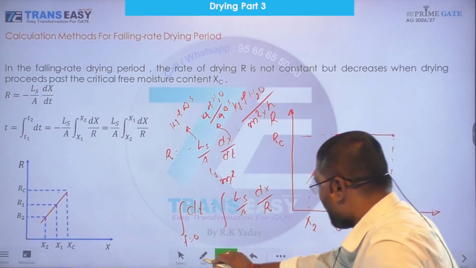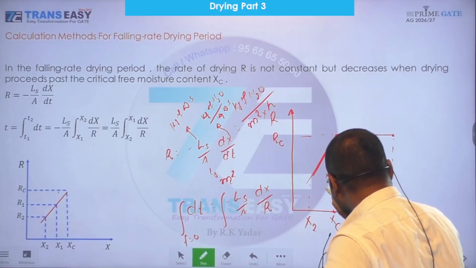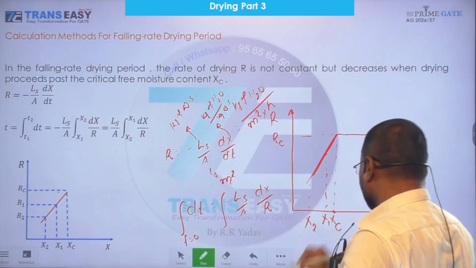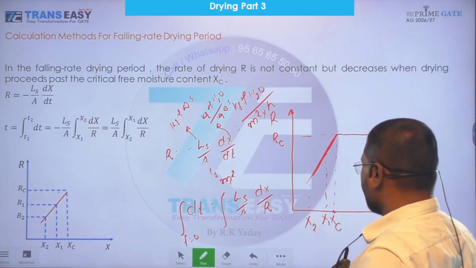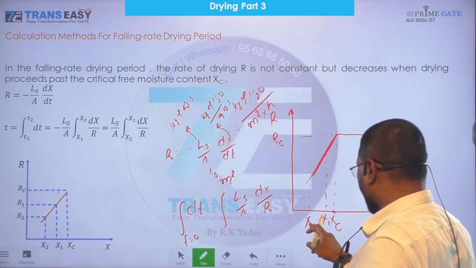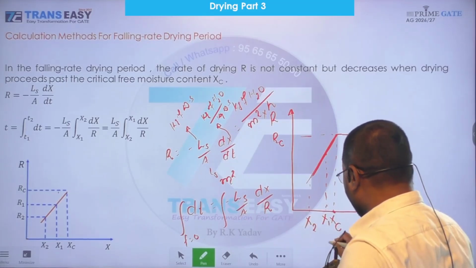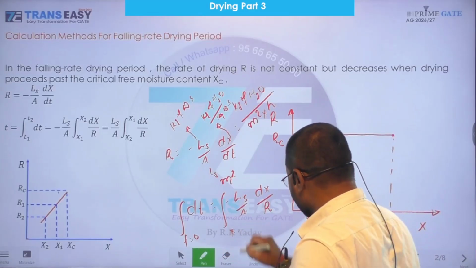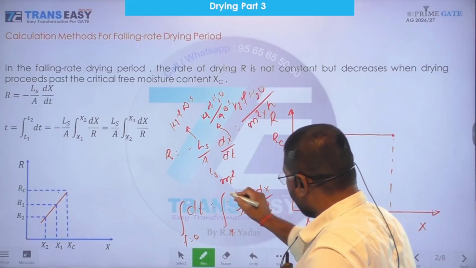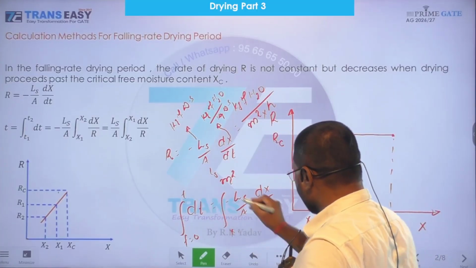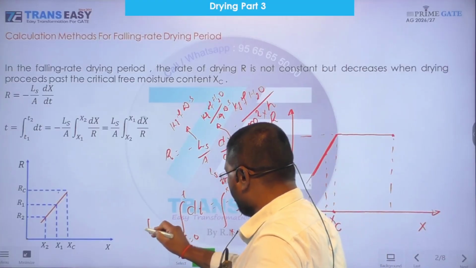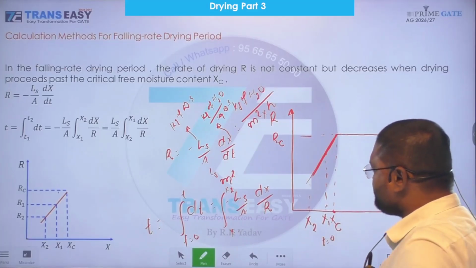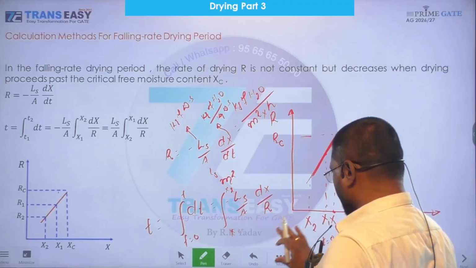In this falling rate region, suppose initial moisture content is X1 and final moisture content is X2. So at time t is equal to 0, free moisture content is X1 and at time t free moisture content is X2. So this will give drying time for the reduction of moisture content from X1 to X2, right?